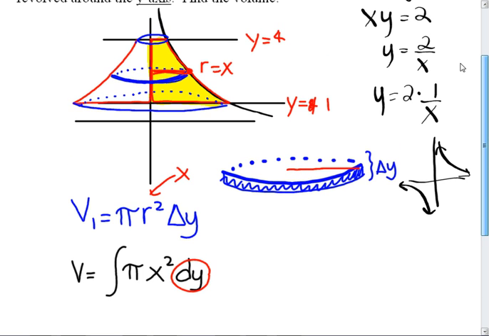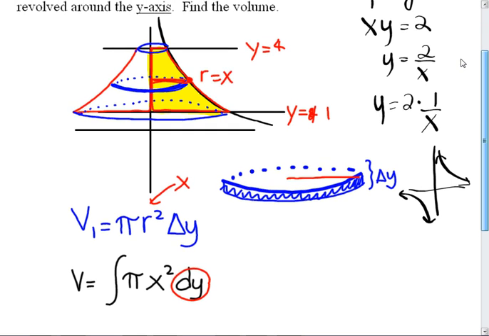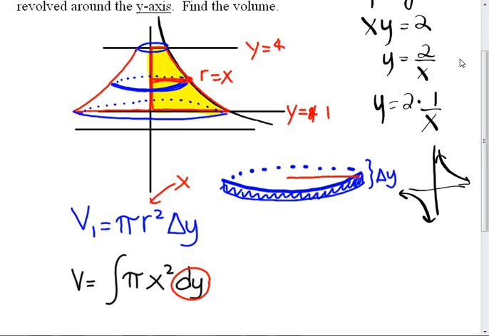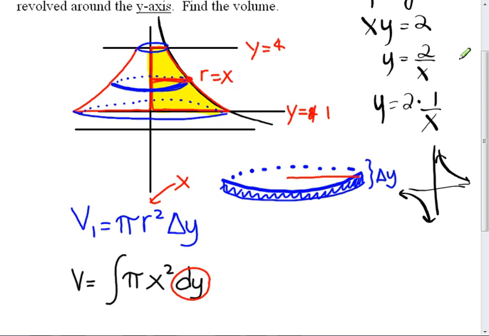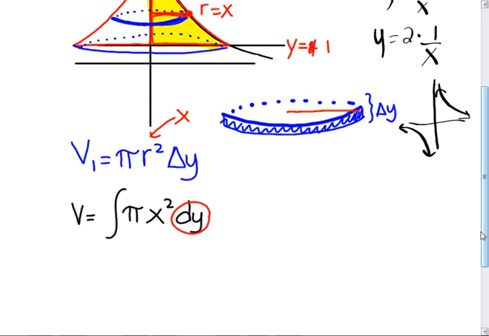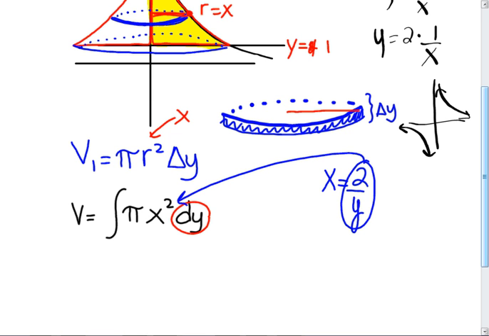No, it's not 2 over x. Here's the radius right here, right? That's the x coordinate on my curve. Okay, so I want to have y's in there, and it started with what? X equals 2 over y? Was that what we originally started with? Yeah. Why don't we just substitute that in right there.